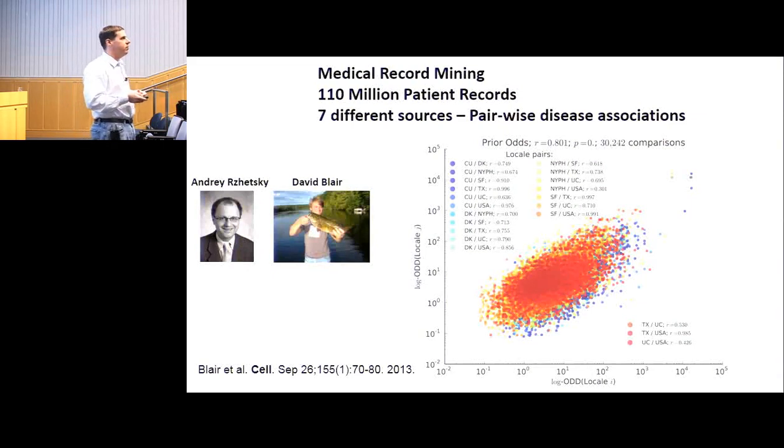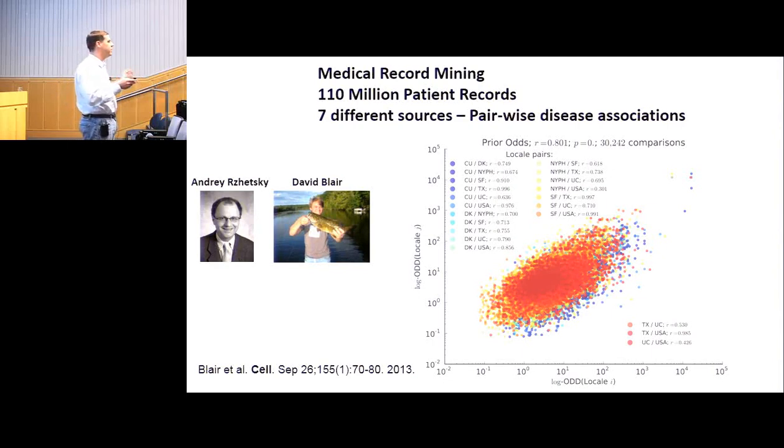So if we look at 110 million people, much like I just told you about significant co-occurrences of genetic mutations in cancer, here we're looking at significant co-occurrences of traits that are happening in people that have been diagnosed with different diseases. So we can look at correlation between Mendelian diseases, and there's a surprising amount of signal in there when you look at 110 million patients.